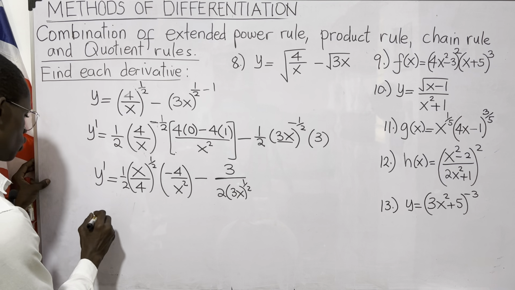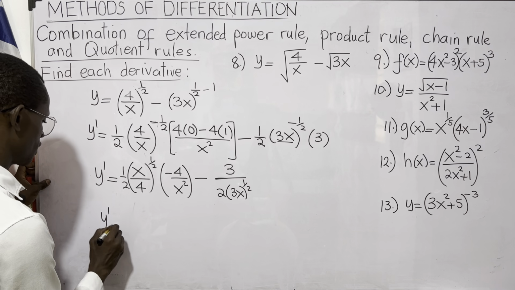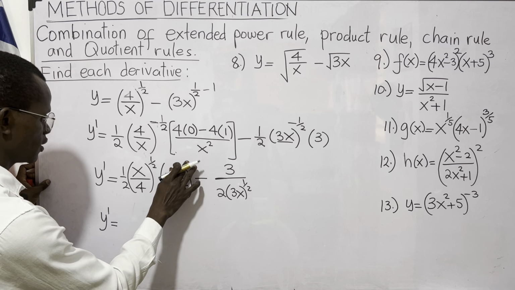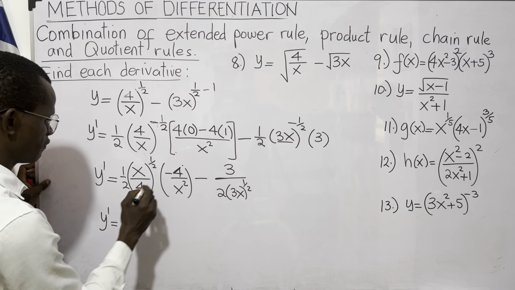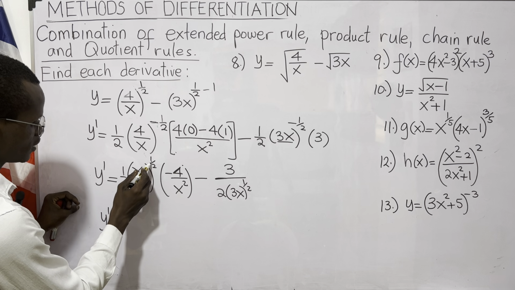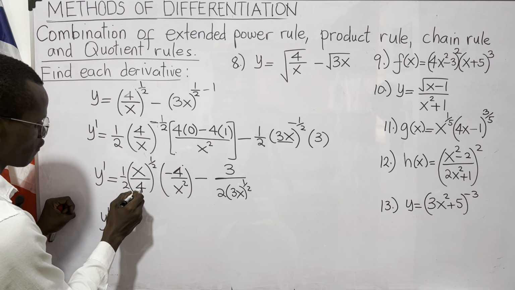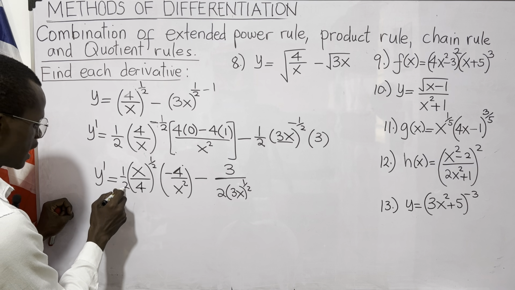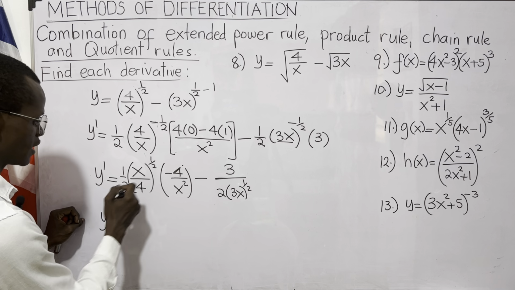Okay. So we can just simplify further. The square root of this 4 is 2. So 2 times this 2 will give you 4. So you can cancel, right?